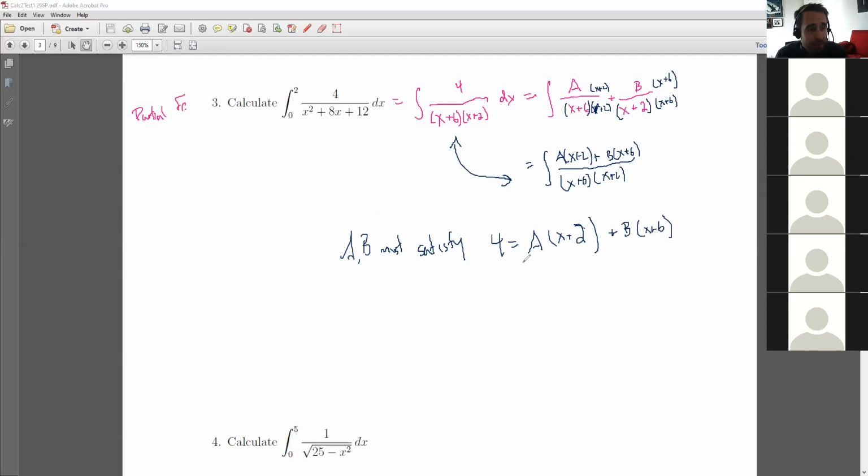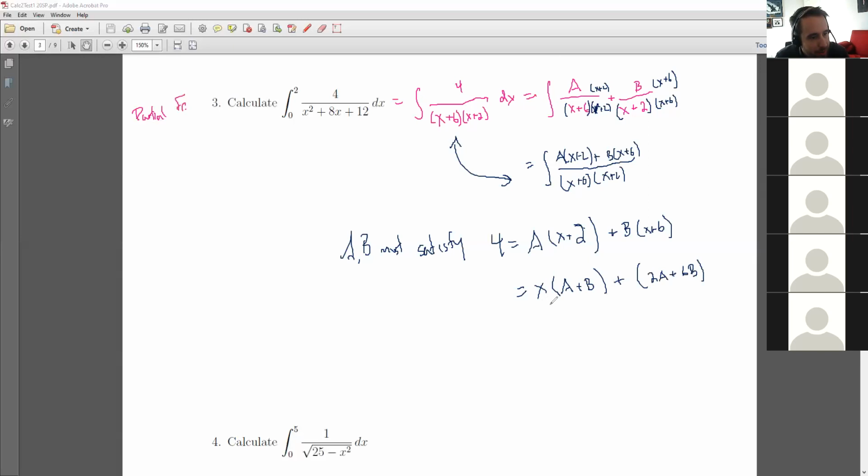And now we can explicitly solve this by grouping the x terms together. So that's a plus b. And then grouping the non-x terms together to get 2a plus 6b, right? And so each of these are treated separately.